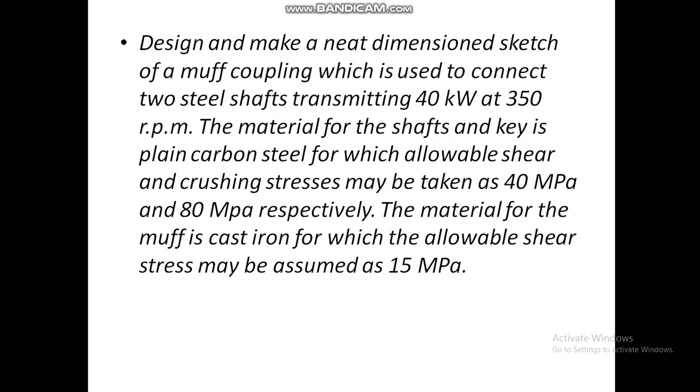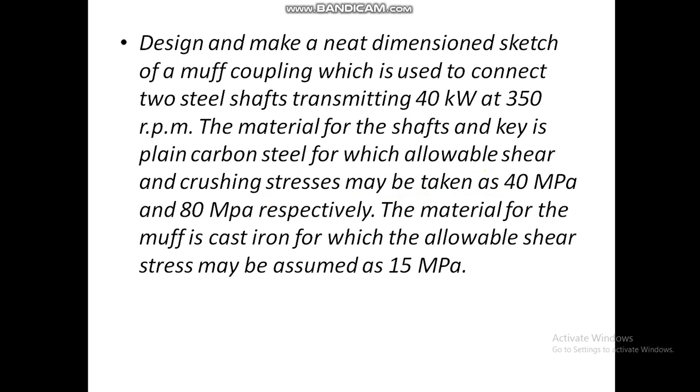And for it, the allowable shear and crushing stresses are 40 and 80 megapascal. From this we can see that the shear stress is half of the crushing stress. The crushing stress is 80 and shear stress is 40. Whenever this case arises, you always choose a square key.